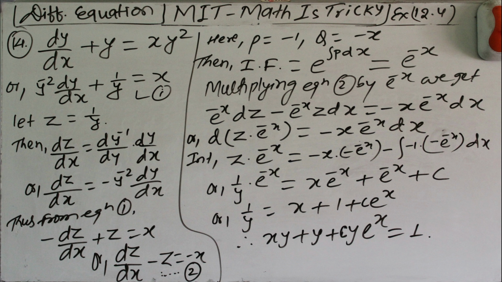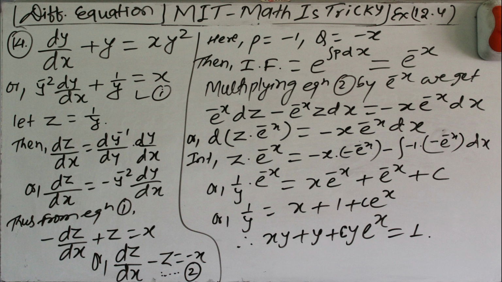Now integrating both sides, we get z into e power minus x equals, on the right hand side let's use integration by parts: first function, minus x, into integration of second function, minus e power minus x, minus derivative of first function, which is minus 1, and then integration of second function, which is minus e power minus x, dx.